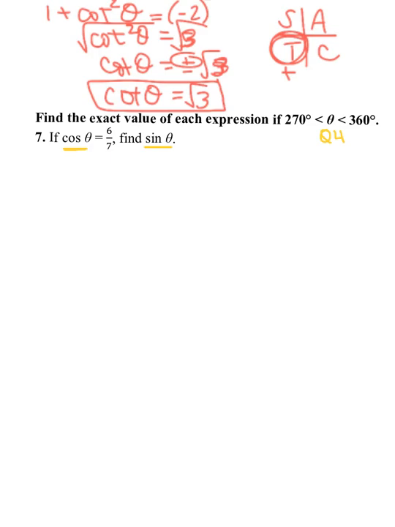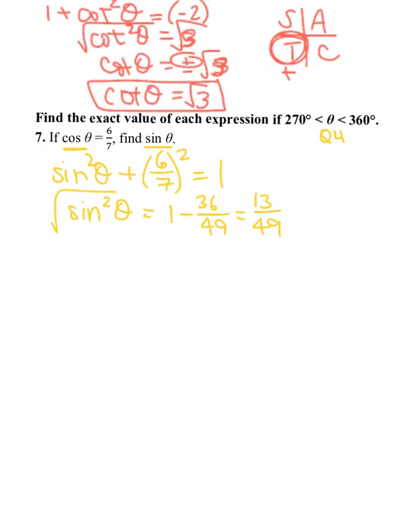So using my Pythagorean identity, the first one, I can set that up to be sine squared theta plus cosine squared theta, which is 6/7 squared, is equal to 1. All right, so let's go ahead and solve for that. That's going to be 1 minus 36/49, which gets me 13/49.